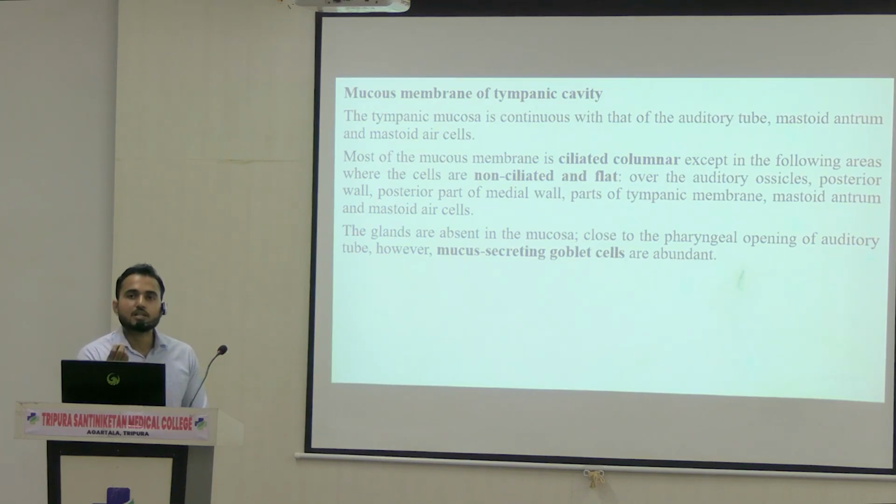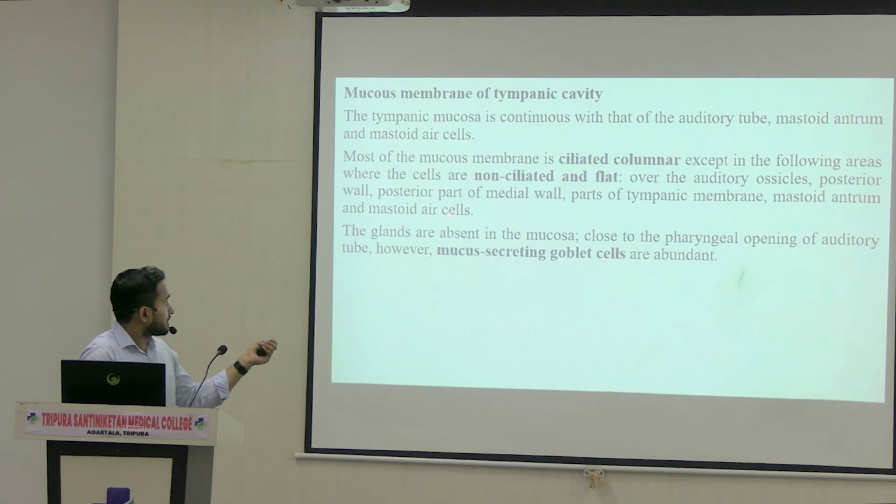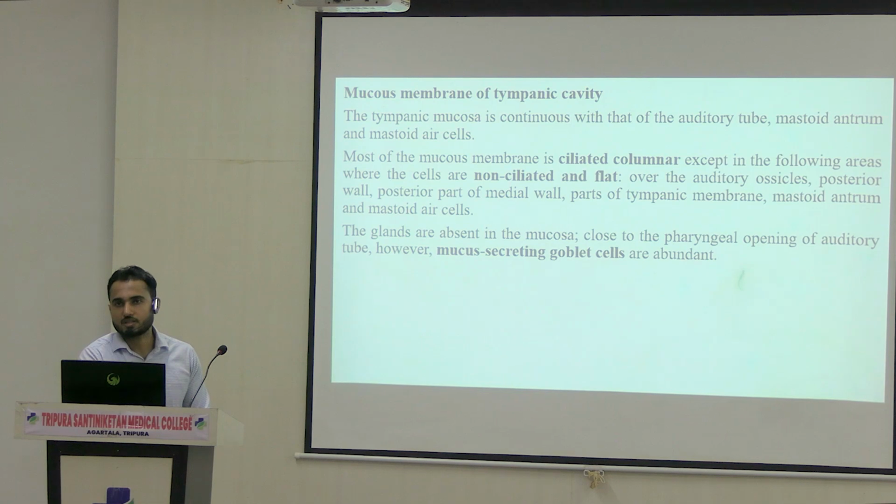Now, which are the areas where the ciliated columnar epithelium is absent? These are the medial wall parts of the tympanic membrane, mastoid antrum and mastoid air cells. These are the areas where ciliated columnar epithelium is absent. Instead of that, non-ciliated flat cells are present.